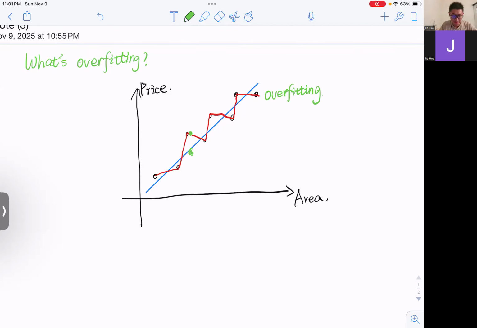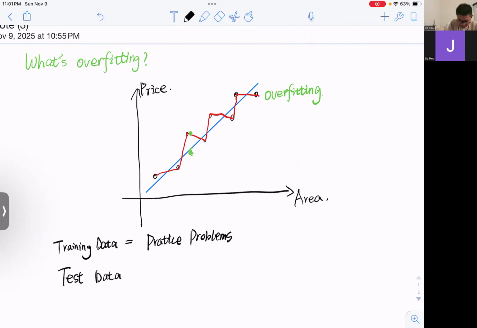There's another example, like an exam. The training data is practice problems, and the test data is the final exam.